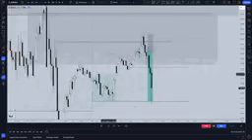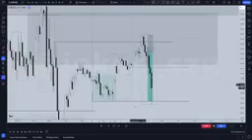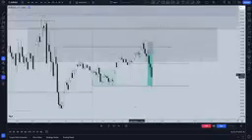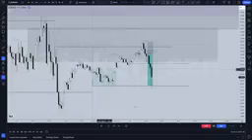So this is the first trade according to the protocol. So to sum it up again, we have a daily bearish bias, right? We have the step 2, actually step 2 the bias, but step 1 the trading conditions, right? We have determined them.